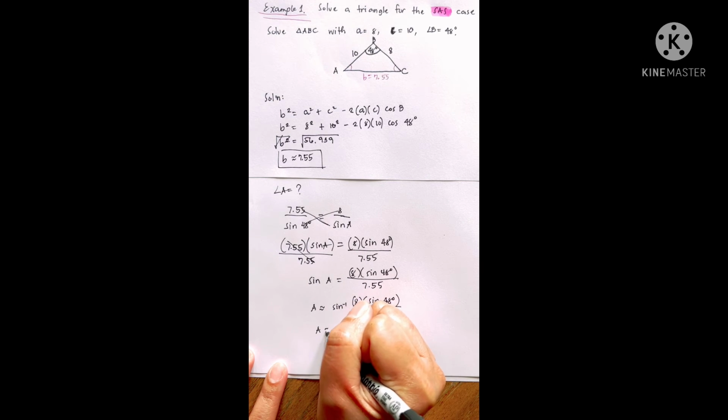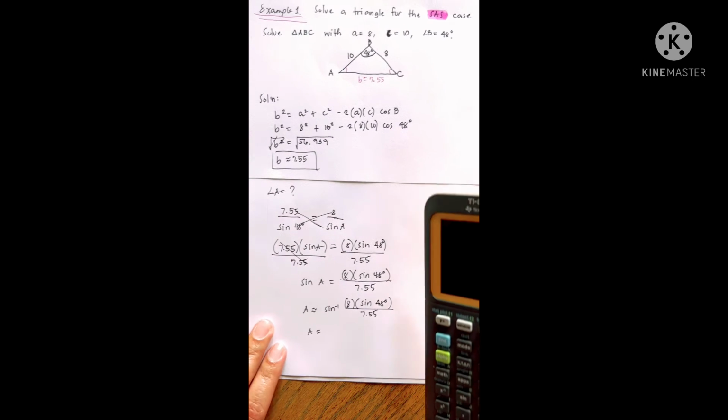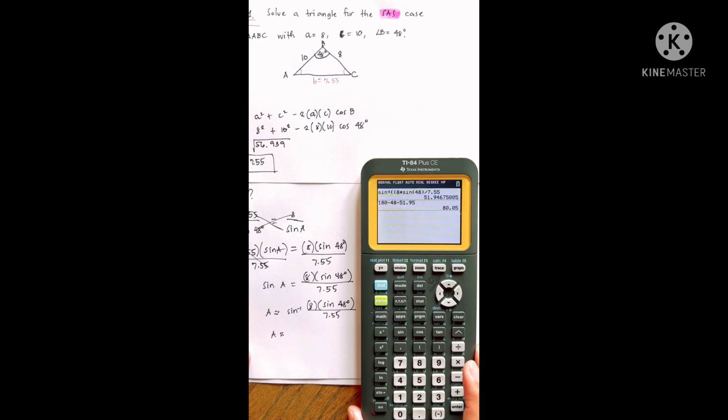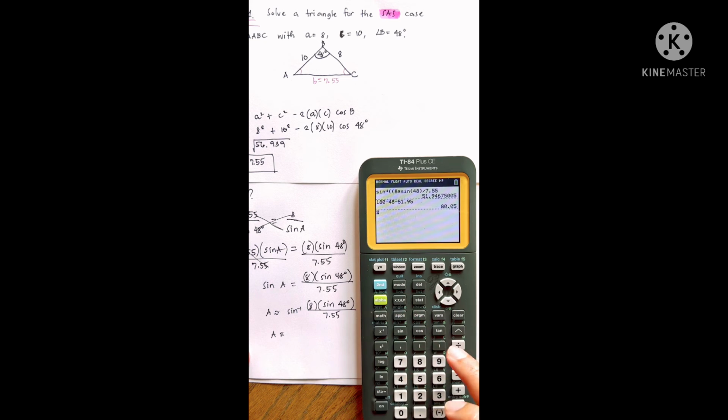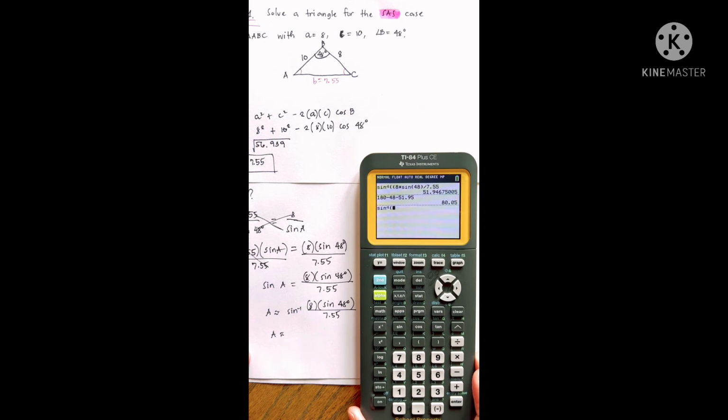All right, so we go sine inverse. There you go. And then let's have another parenthesis since we're dividing. We're going to group the numerator together, and then divide by 7.55. So 8 times sine 48 degrees, and then divided by 7.55.